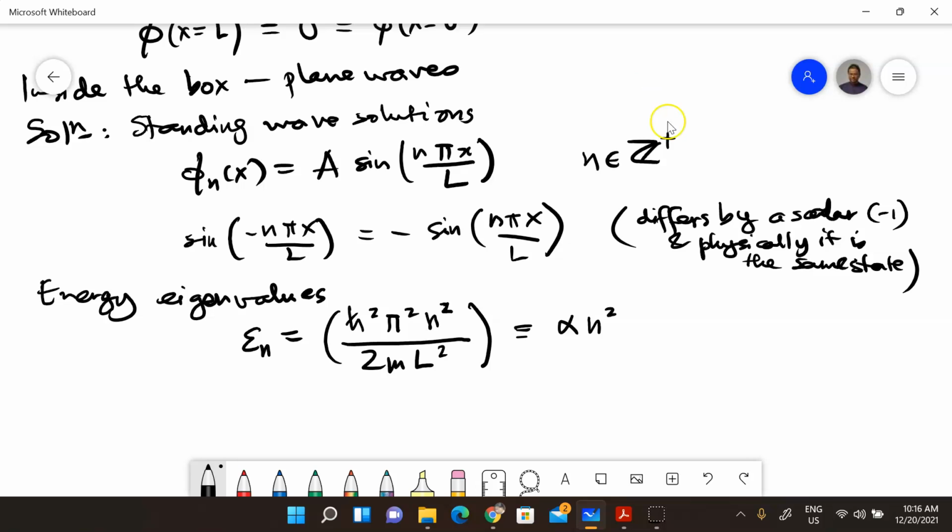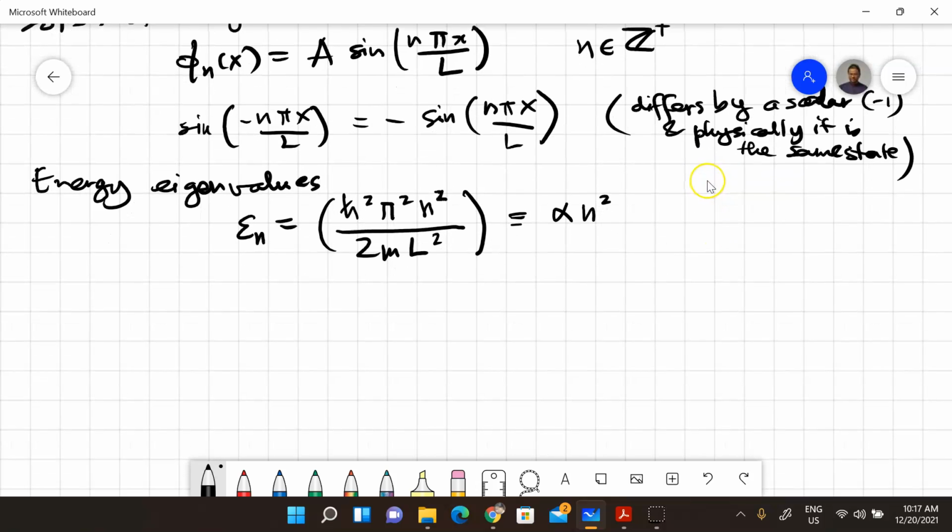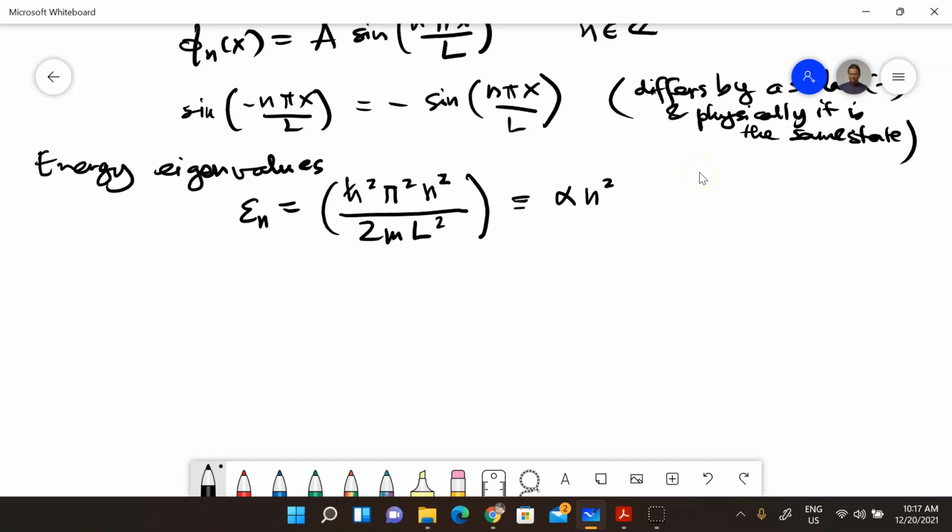And just to justify some approximation that we want to do later on, we'll do some estimates over here.